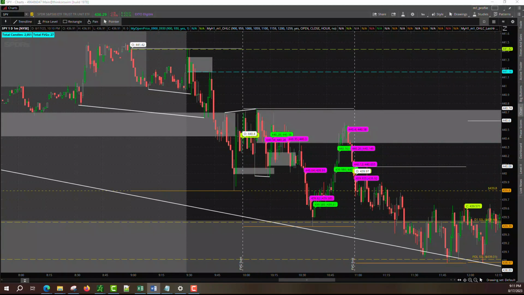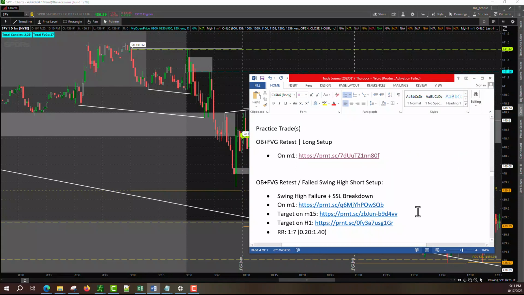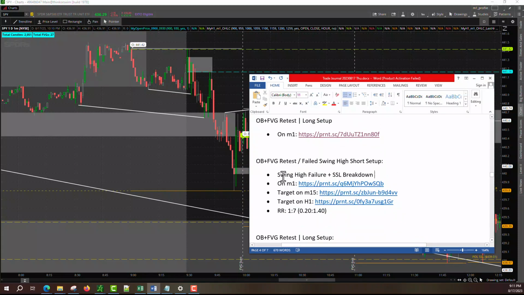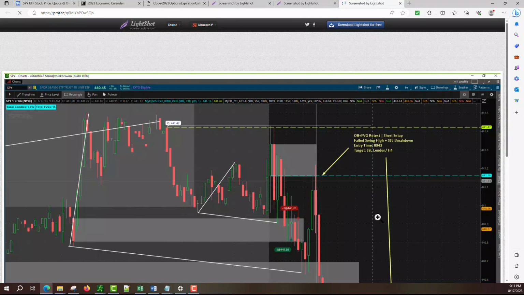Okay. Now the next setup is a very good trade for us. So basically we have a swing high failure, right? We call it swing high failure, and so we break down on M1. M1 being the 1 minute time frame. So just look at this.